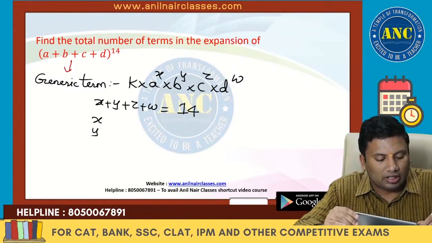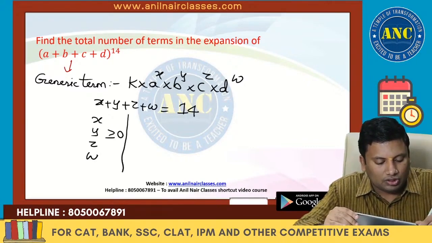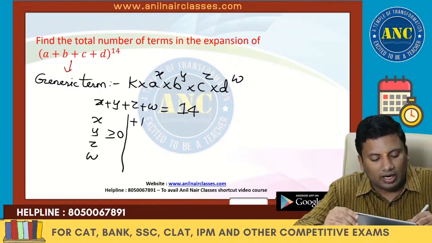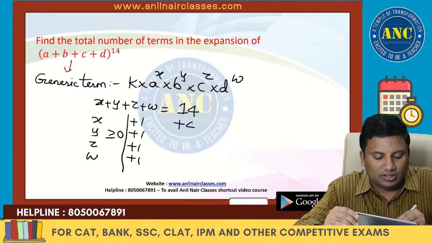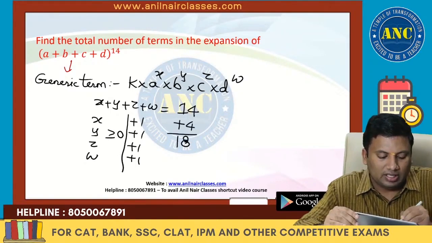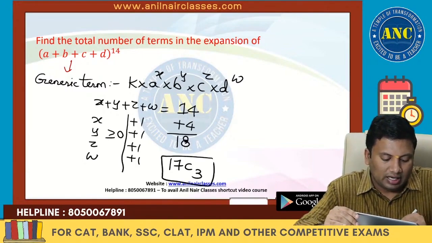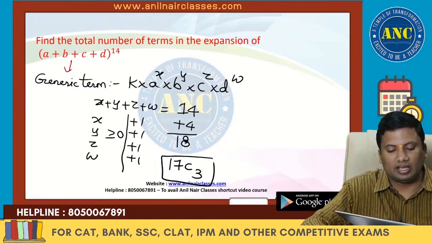Powers can also take 0, so x, y, z, w greater than or equal to 0. 0 means we have to add 1, plus 1 plus 1 plus 1 plus 1. 14 plus 4 is 18. The answer is nothing but 18 balls are there. There are 17 gaps.